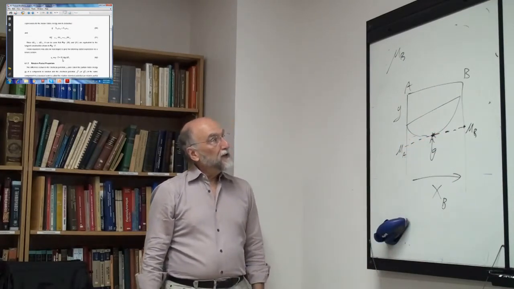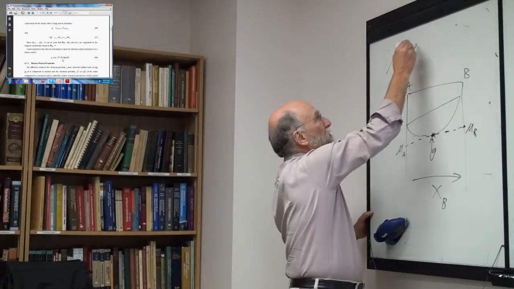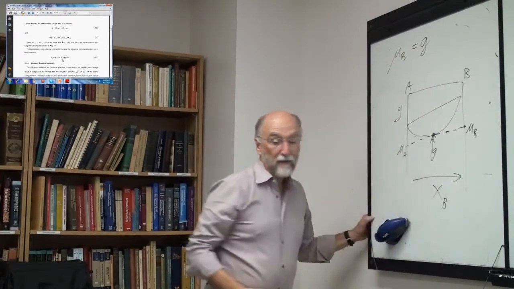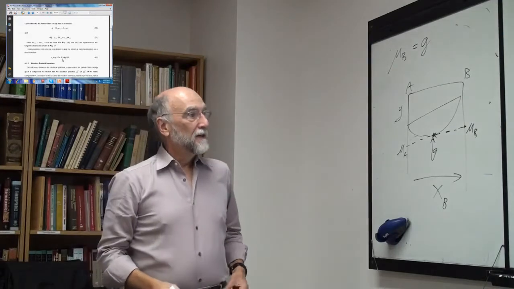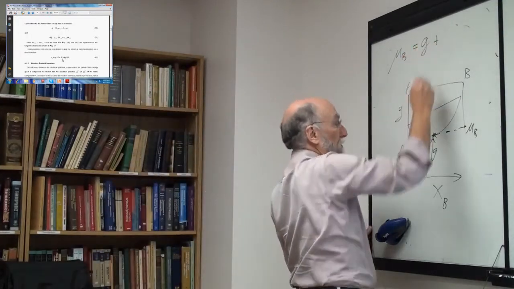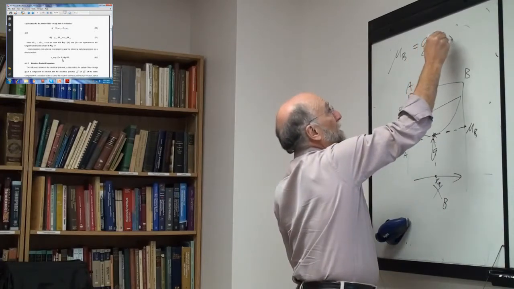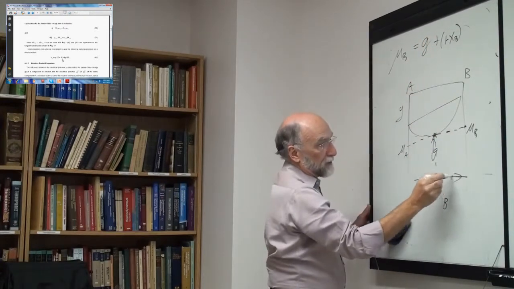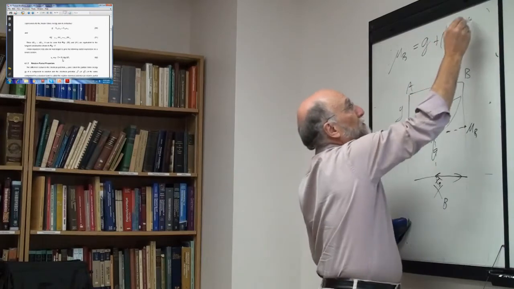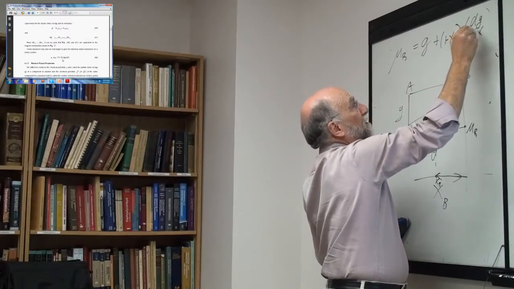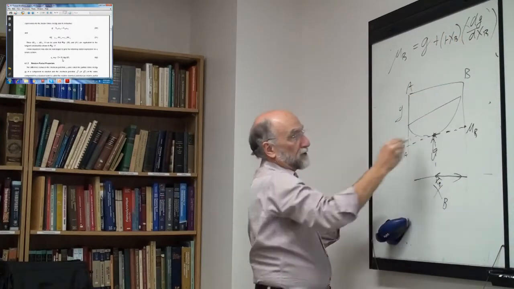Chemical potential of B at that point is equal to the Gibbs energy at that point G, plus, and this value here then is XB, plus 1 minus XB, in other words this distance here, times dG dXB, which is the slope of this line.